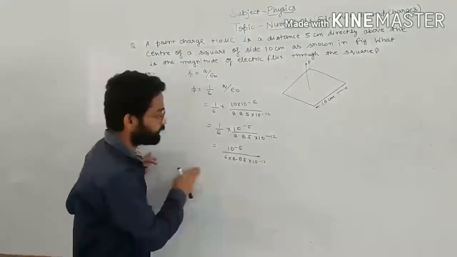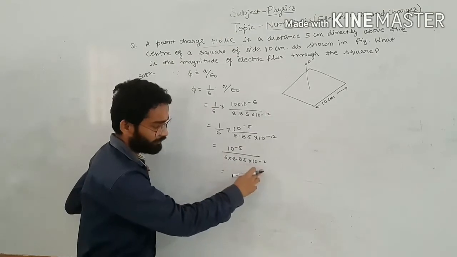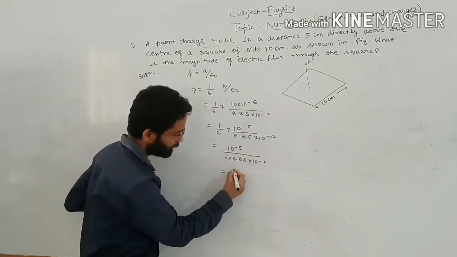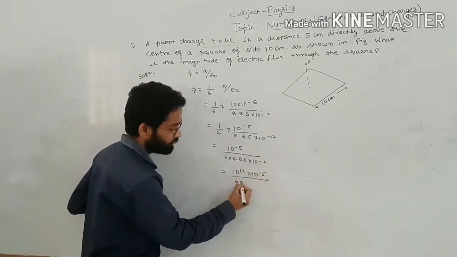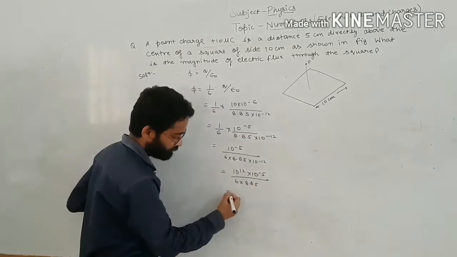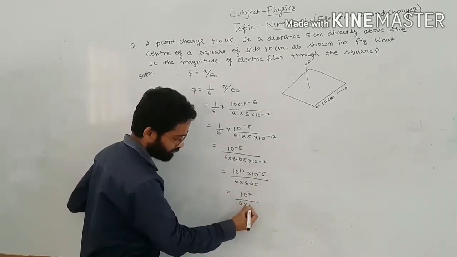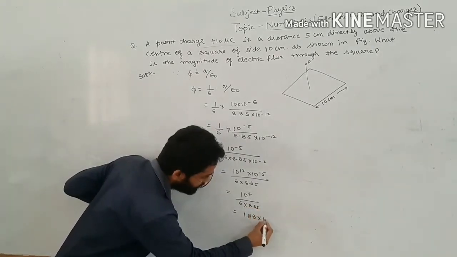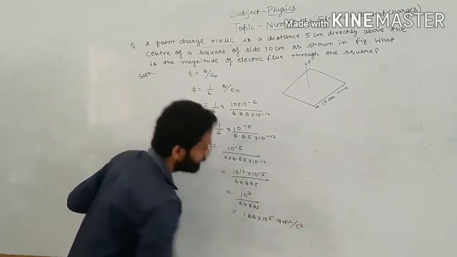If we solve it out, this becomes 10 power 12 into 10 power minus 5 upon 6 into 8.85, that is 10 power 7 upon 6 into 8.85, which becomes 1.88 into 10 power 5 Newton meter square per coulomb square.